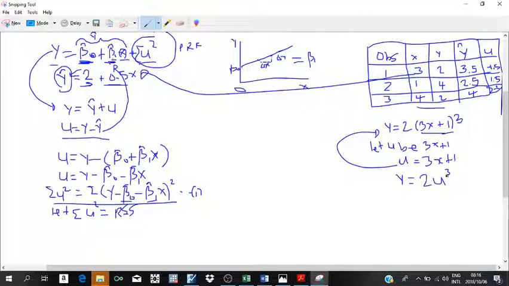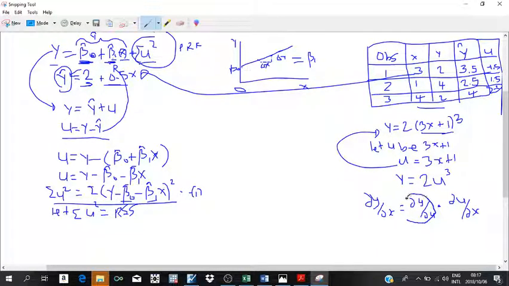The chain rule then says that the overall derivative with respect to x is a product of two terms. The first is the first derivative of the y function with respect to u, and the second is the first derivative of the u function with respect to x. So it will be dy/du multiplied by du/dx.